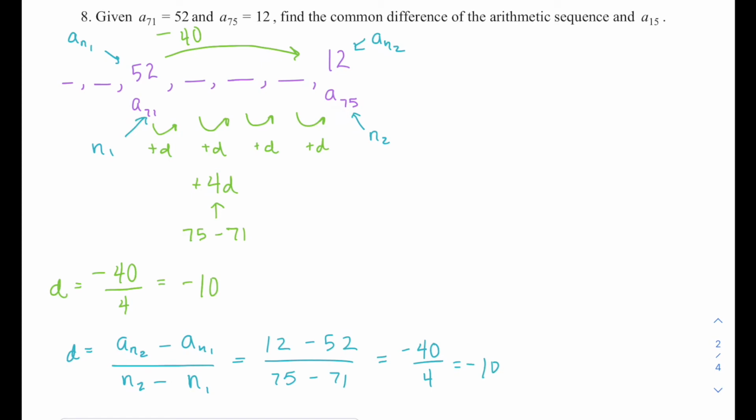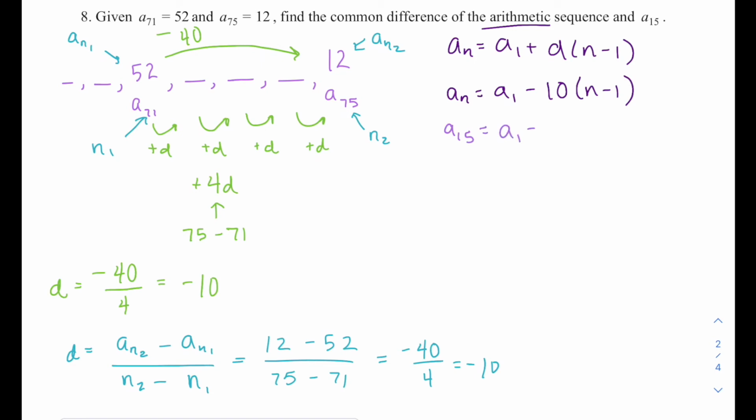So that's great. We've got our common difference, and we are then able to find A1. I know that I still have to find A1 because, although I've got my common difference, and I'm using this formula because it says that it's arithmetic, if I tried to find A15 right now, I can't, because I still don't have A1.